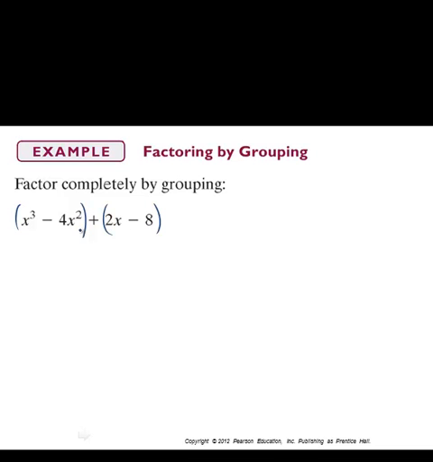Like for the first two terms, there's two factors of x, so factor out the x squared. And also for the last two terms, factor out a 2. And notice now that you have a common factor of x minus 4. So when you factor out the x minus 4, you're left with the x squared plus 2.